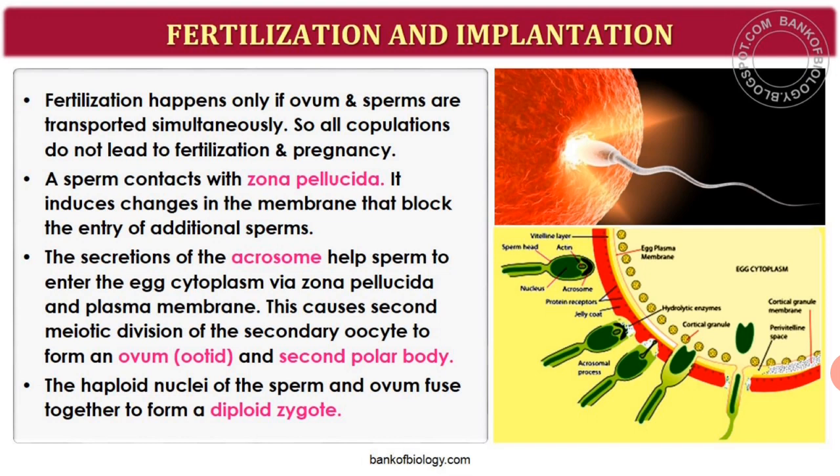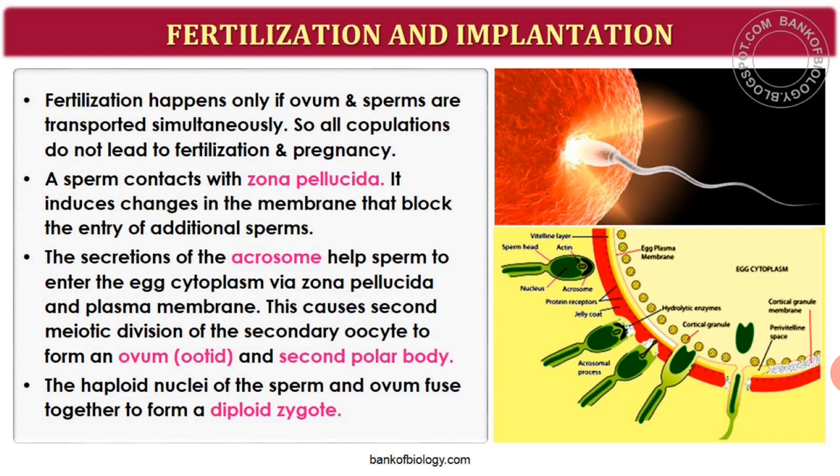Then the secretion of the acrosome will help the sperm to enter the egg cytoplasm via the zona pellucida and plasma membrane. This will cause the second meiotic division of the secondary oocyte to form an ovum and a second polar body. I already told you that whatever egg is released during your menstrual cycle at ovulation is a secondary oocyte, which is arrested at metaphase.